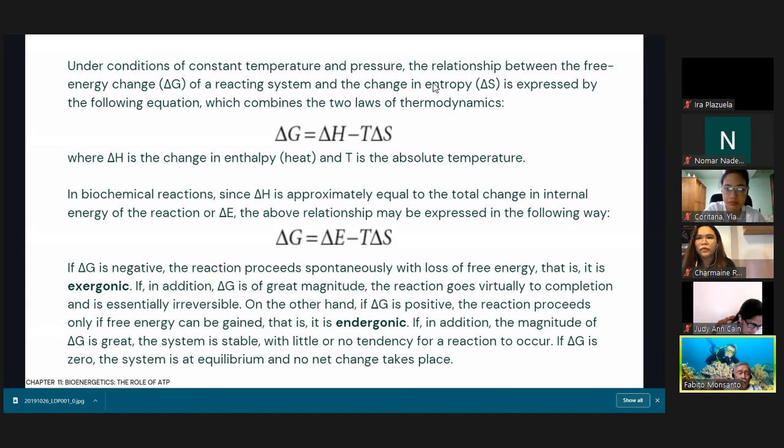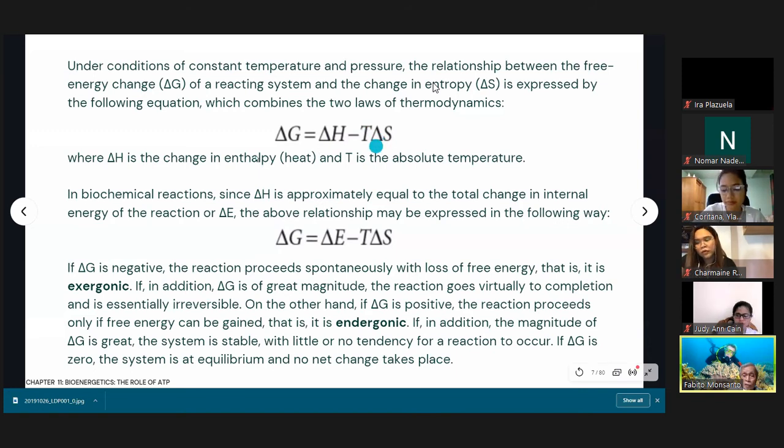Free energy change is delta G. Delta H is the change in heat or enthalpy, minus T, the absolute temperature, times delta S. So free energy change is equal to change in enthalpy minus temperature times change in entropy.